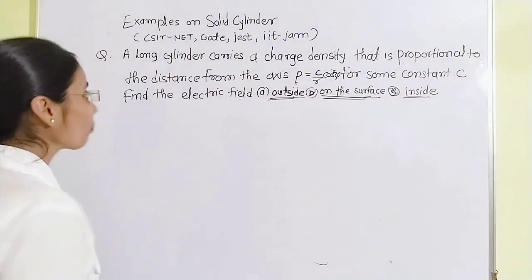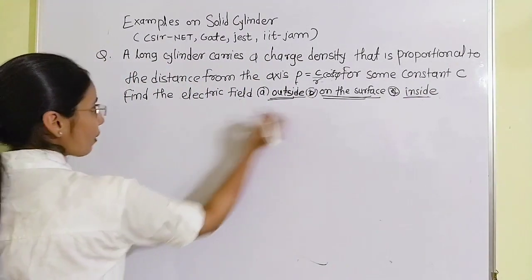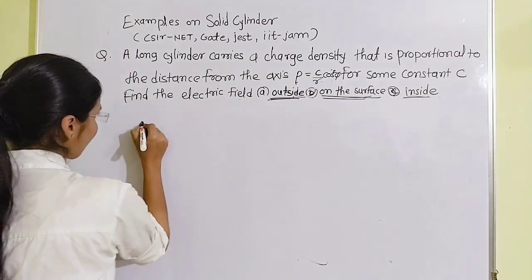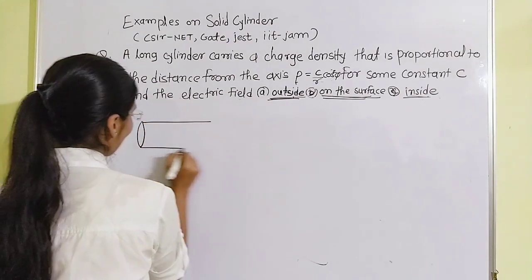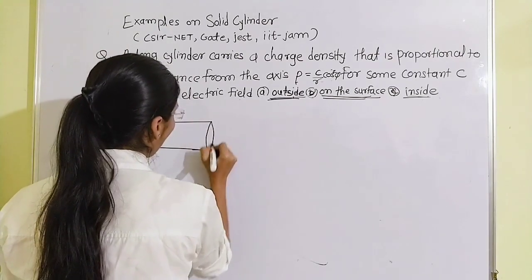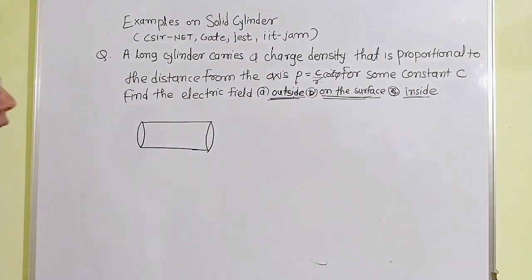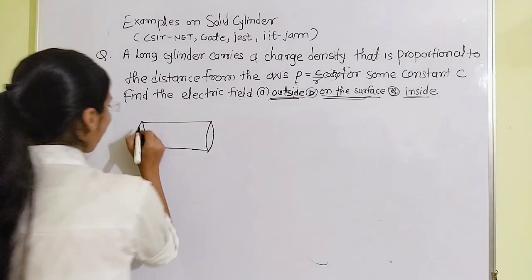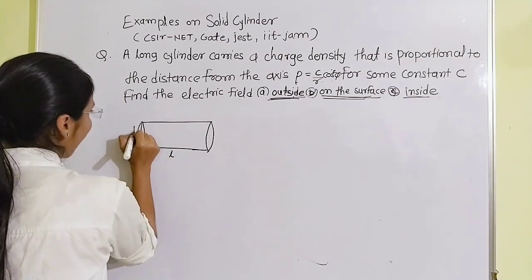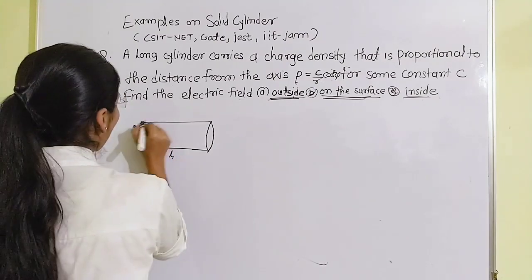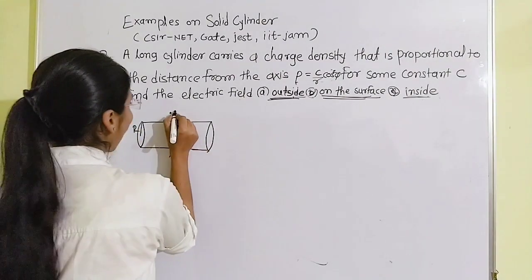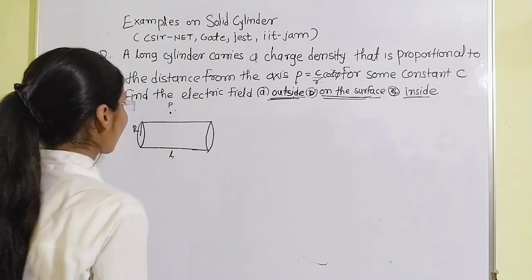So let's start. First we find the outside. Suppose we have this cylinder, and we have to find the electric field outside the cylinder. The cylinder has a radius r and length L. This is point P, and we have to find the electric field here.